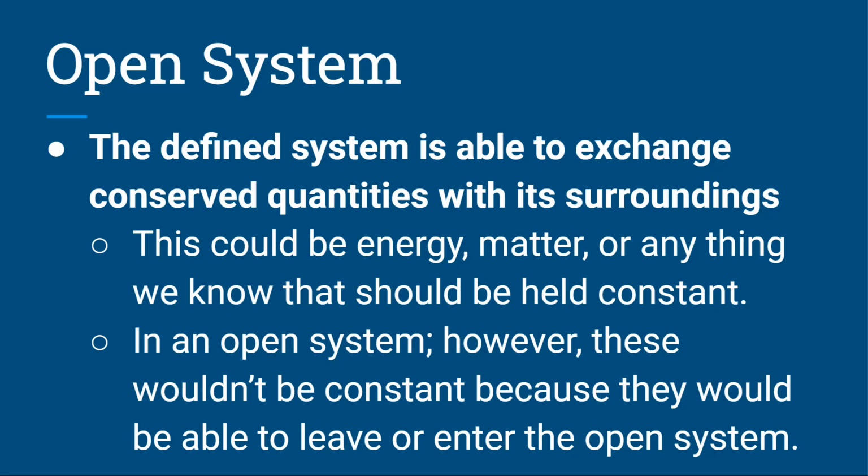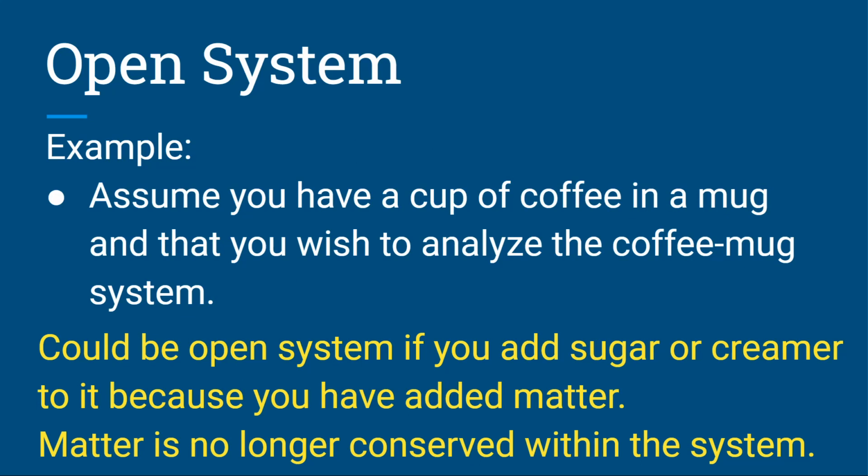So again, in an open system, the system is able to exchange those conserved quantities with its surroundings, meaning you can have an exchange of energy with your surroundings, you can have an exchange of matter with your surroundings. Those are the two we're really going to focus on. Here is an example of an open system. Assume you have a cup of coffee in a mug that you wish to analyze, the coffee mug system.